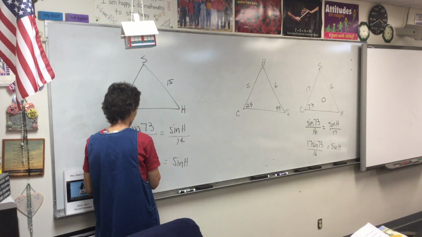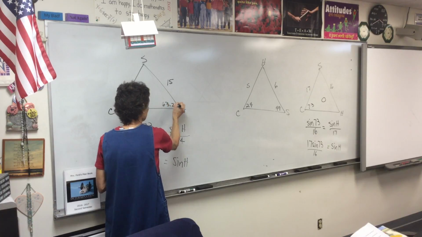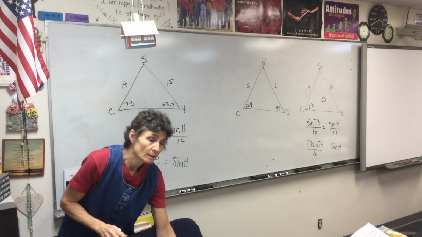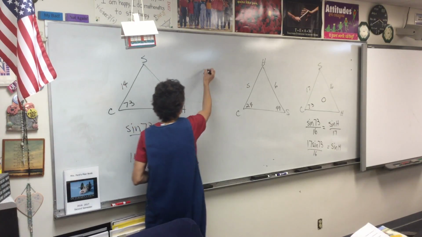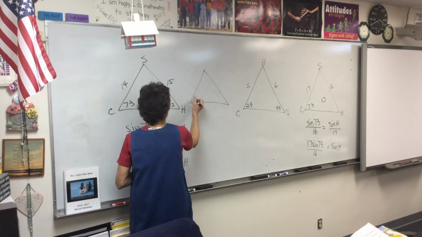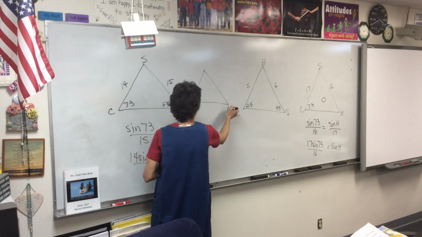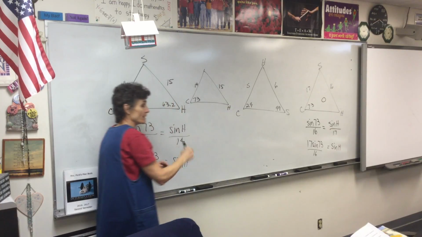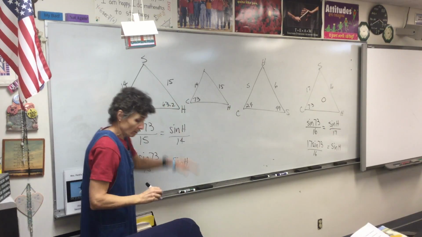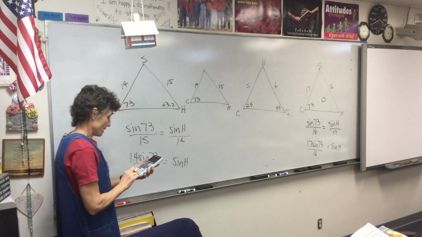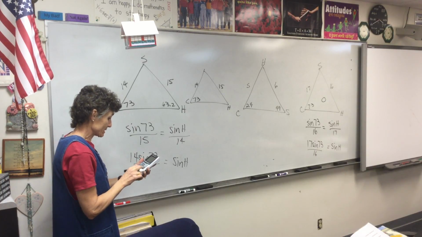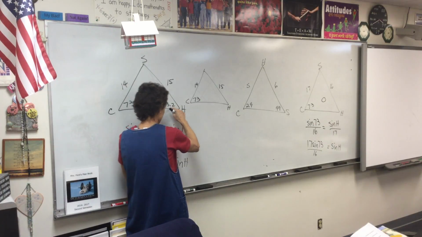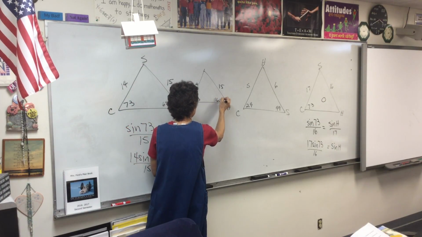Did you get an angle? 63.2. Okay, so the minute we get an angle, remember we step over to the side and say, could there be a second one? Could there be a different angle H? Well, yes, maybe. And if there is, how big is it? 180 minus this one, right? So 116.8.